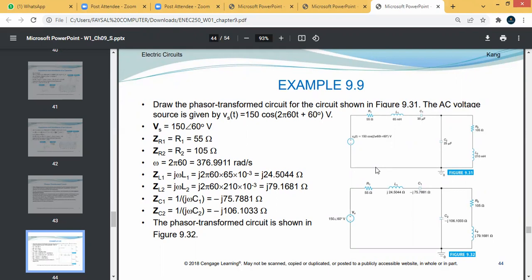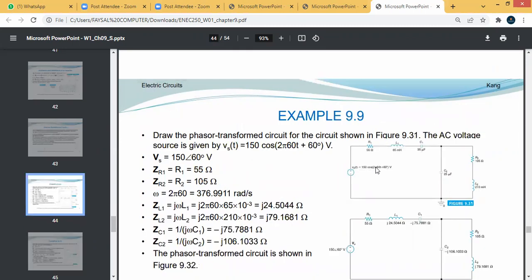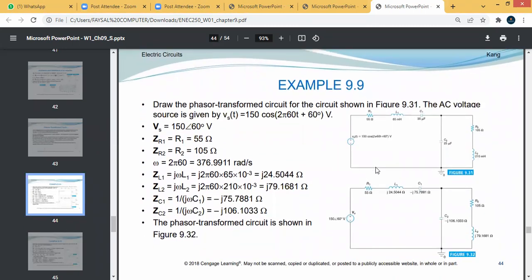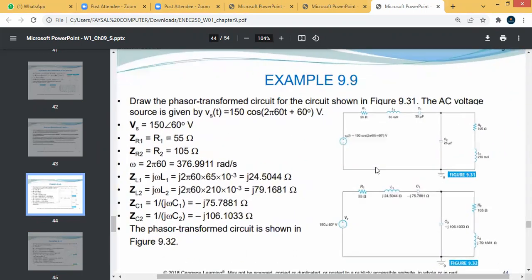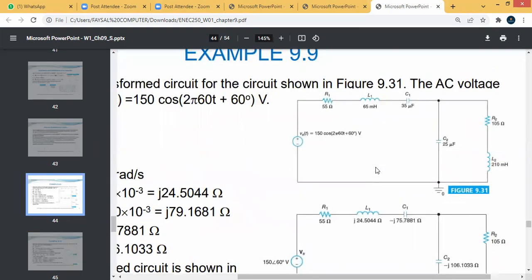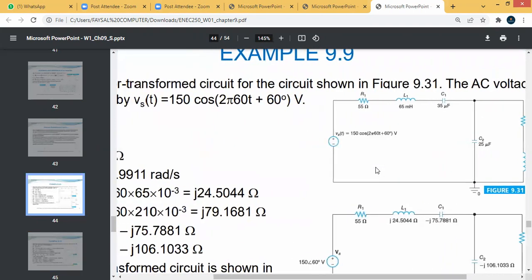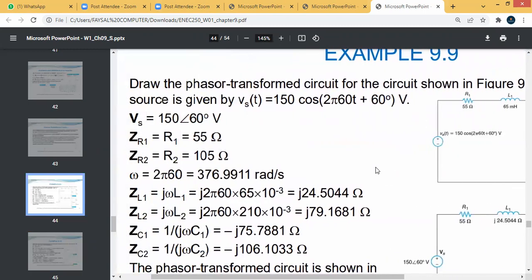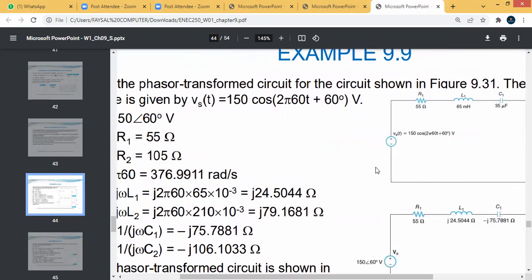The AC voltage source is given by 150 cos(2 pi 60t plus 60). All these values are given. My first value is Vs, that is my voltage source.